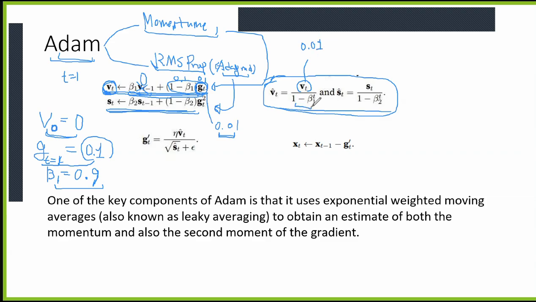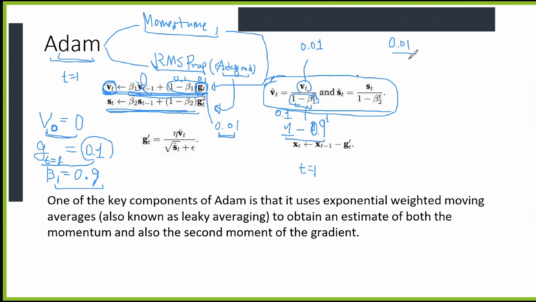But if we... and we know that the beta is 0.9, and to the power of t, since t is 1, because t is equal to 1, the denominator will become 0.1.